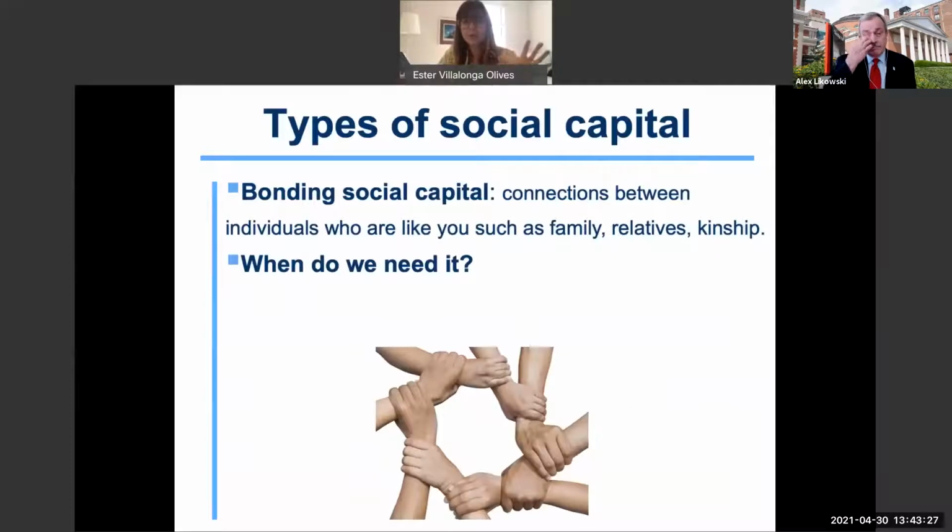So let me tell you that I believe, for example, for bonding social capital, when do we need it? Now that we are in the midst of the vaccination plan, bonding social capital has played a very important role. Those people that were or still are hesitant in getting the vaccine, if they are connected to collectives, groups where all members are getting vaccinated, the likelihood of getting the vaccine is high in those members that are still hesitant, because there can be behavioral social contagion, and the sharing of information and resources that helps in making the decision of getting the vaccine happens.